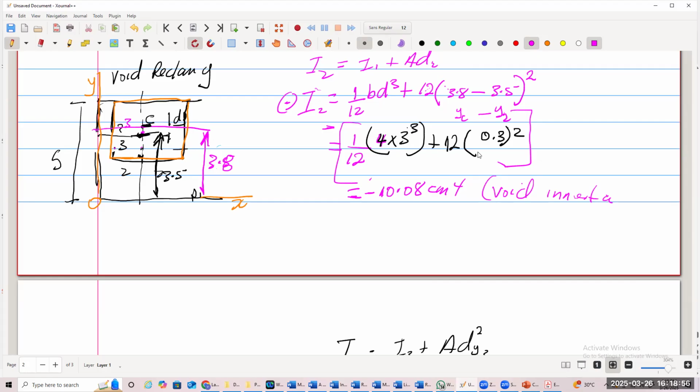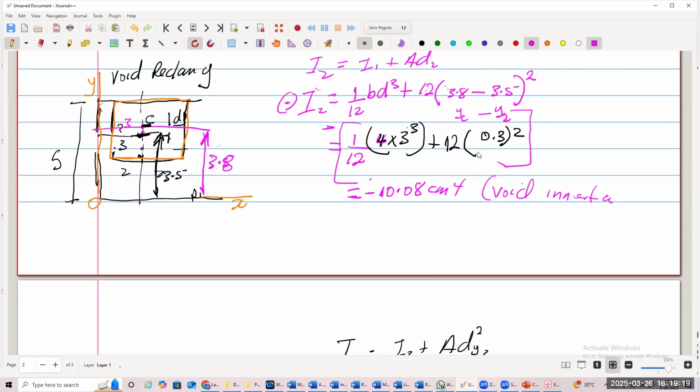And then the other part, which is going to be 12 times 0.3 squared. What was the first part again?